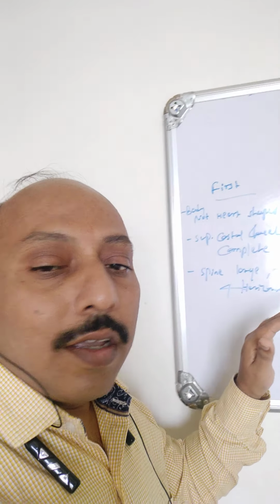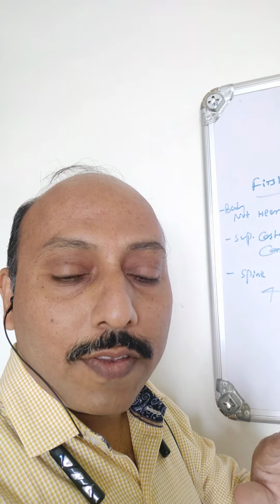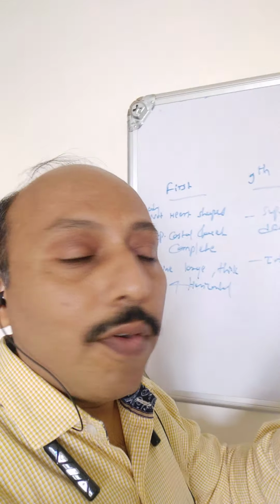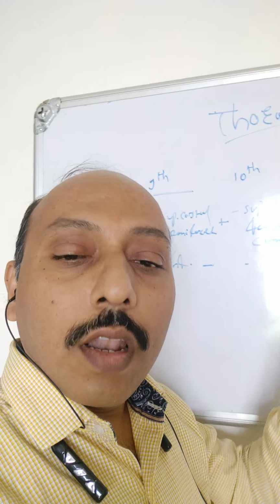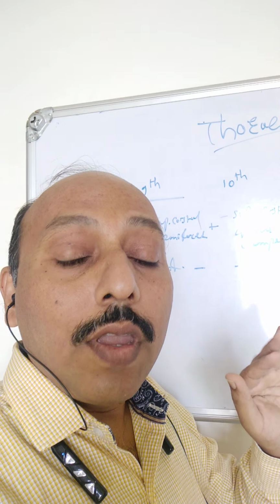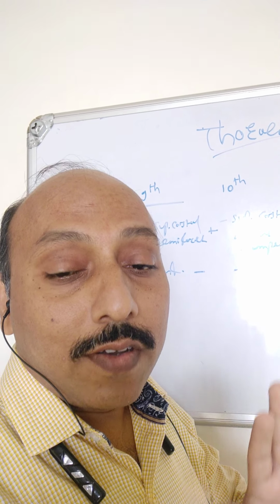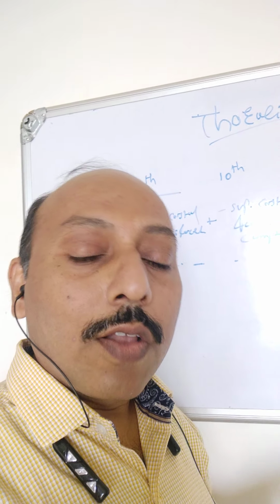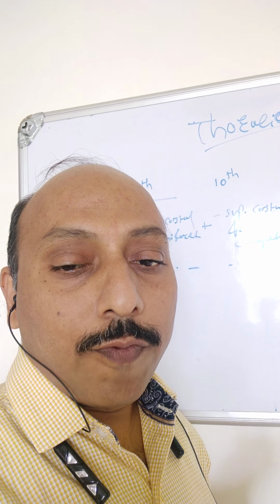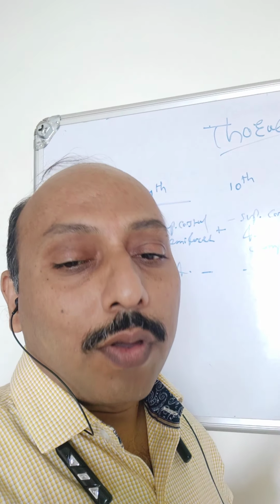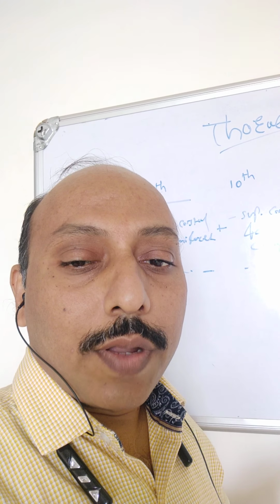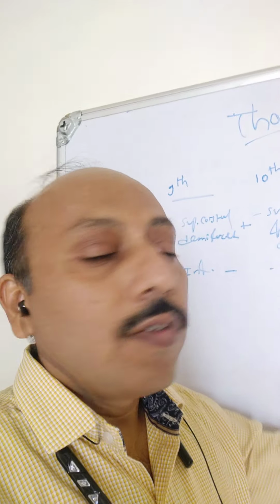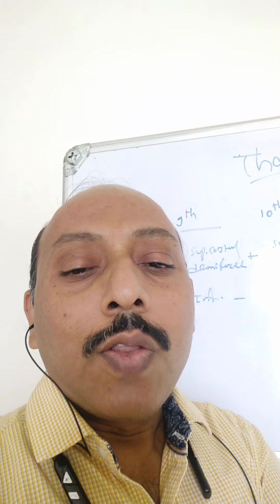The 9th has a superior costal demifacet but no inferior demifacet, while the 11th has a single costal facet, but no costal facets on the transverse processes. The 12th also has no facet on the transverse process and has characteristics similar to the lumbar vertebra, with a short spine. Okay, so this is all about the thoracic vertebra.